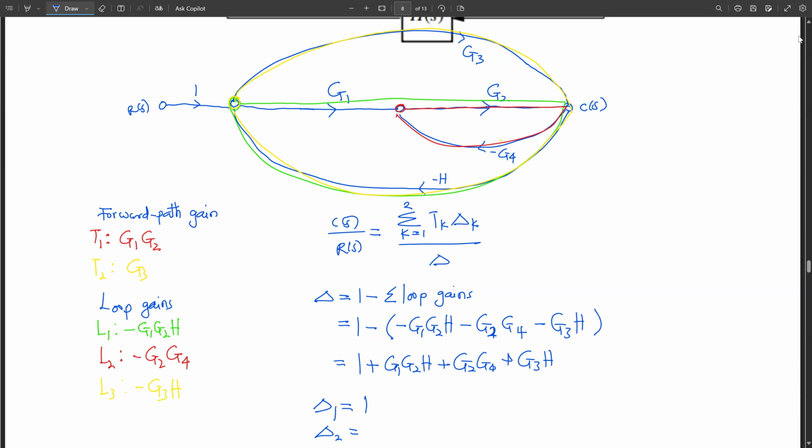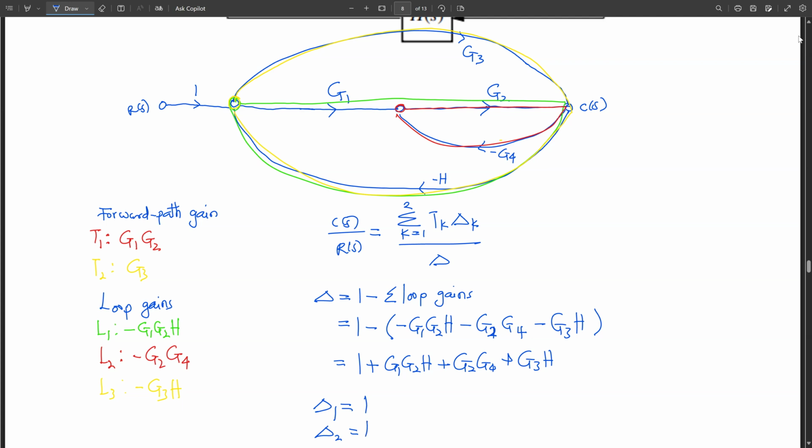So the red loop is not part of it. And you can also see that the green loop has common nodes here and here with the second forward path. So we eliminate that one from this delta here. And you can also see that the yellow loop too has common nodes here and here with the second forward path. So we take it out, right? So what you are left with is 1.